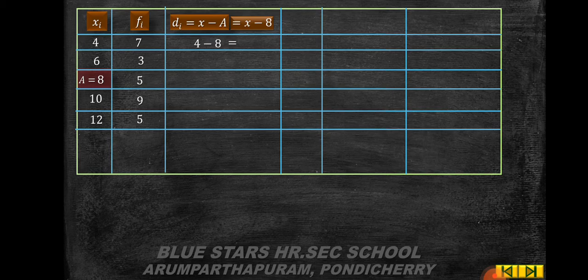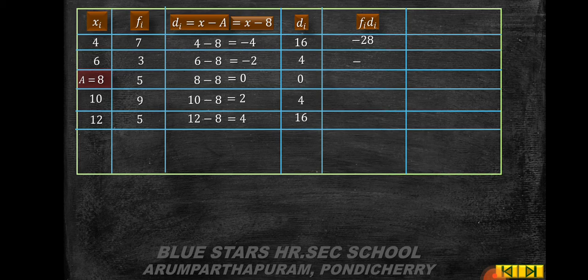So 4 minus 8 is minus 4, 6 minus 8 is minus 2, 8 minus 8 is 0, 10 minus 8 is 2, 12 minus 8 is 4. Next one is di square: 16, 4, 0, 4, 16. Next Fi into di.